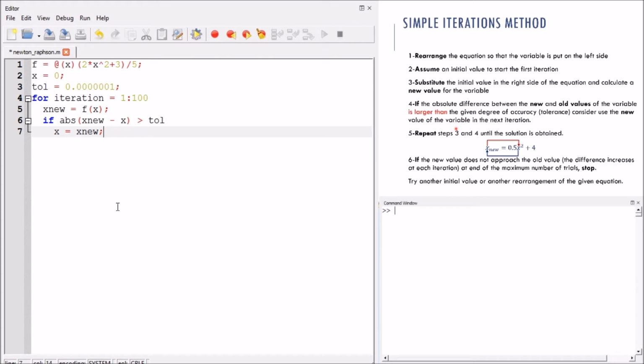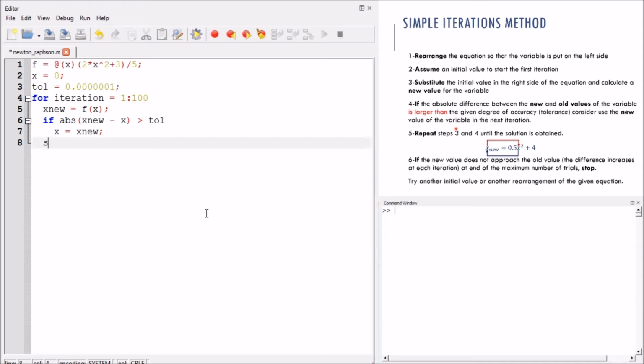Here we don't need equality. Here we mean that we take the value of x nu and assign it to x in order to use it in the next iteration at the right side.